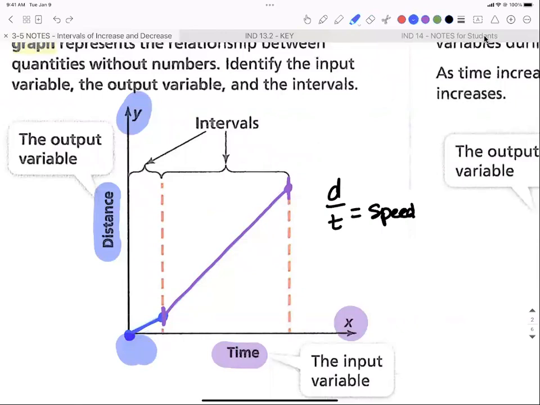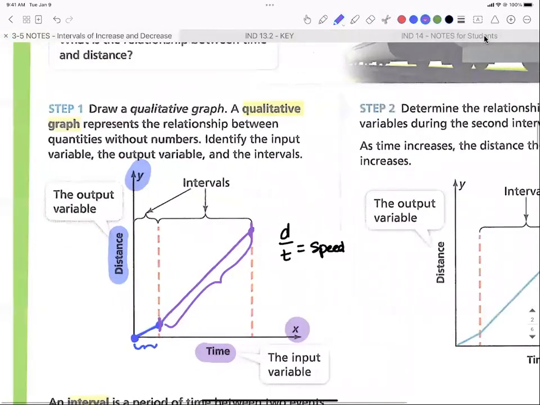The blue section is some constant speed. I don't know what, but it's constant because that little segment is straight. Then there's a sharp bend in that line because the train changes speeds. And for this whole purple section, the train goes another constant speed, but it's faster than the blue section. Okay? That's pretty much everything that all of the words on this page are talking about.